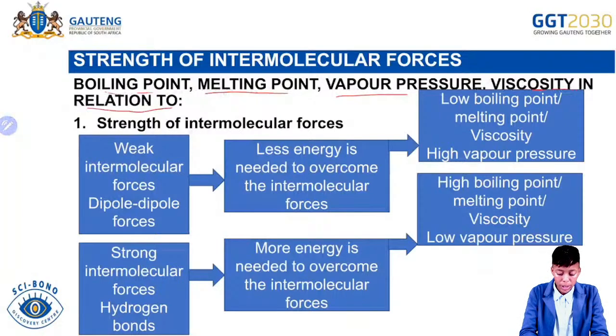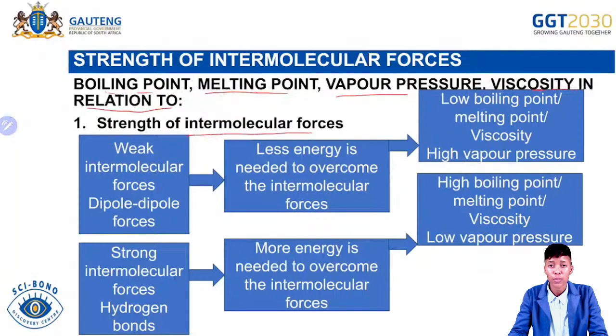Remember we spoke about London forces, dipole forces, and hydrogen bonds. Under London forces, we said we have your triple A. Under dipole forces, we said we have Hague. Under hydrogen bonding, we said we have your AC.